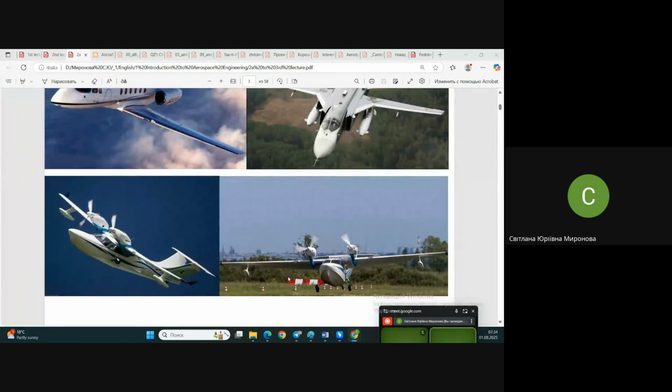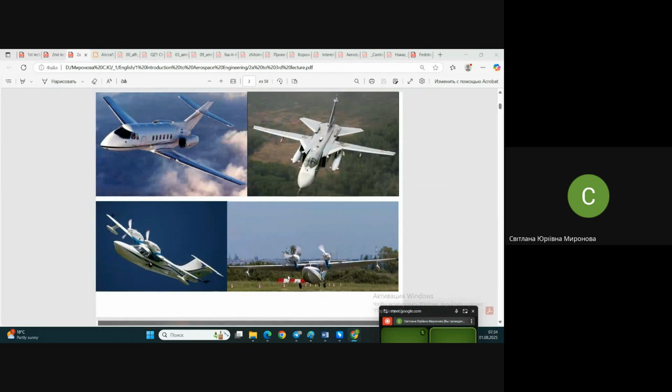Because it's an amphibious plane. And I already drew your attention to the fact that amphibious planes are typically of high wing scheme. That is a characteristic of the airplane for each airplane. Look, conventional scheme, balancing scheme for each of them.